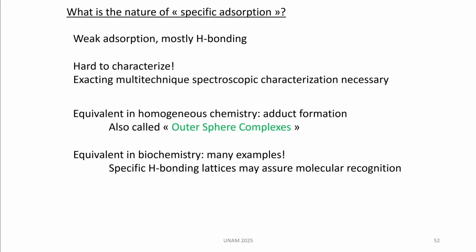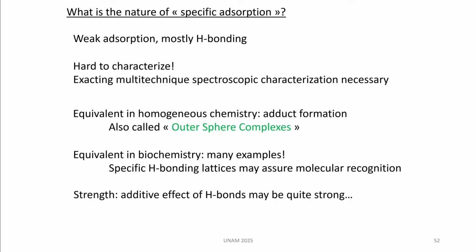In the same way, hydrogen bonds also contribute a lot to molecular recognition in the active sites of enzymes. So if we can have specific layers of H bonding on surfaces, maybe we could have the beginning of a kind of biochemistry. We could have some specificity and even some kind of molecular recognition.